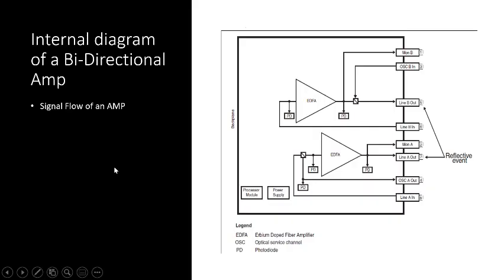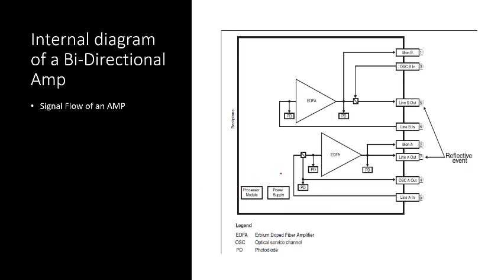In this slide, we will discuss the internal diagram of a bidirectional amplifier, and how the signal flow works in an amplifier. This is a particular card which is used as an amplifier.